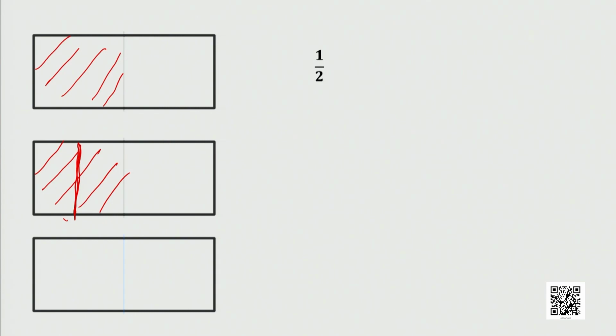Since I have divided the shaded part into two parts and I want to read it as a fraction, I have to divide the unshaded part also into two parts. Now the rectangle has been divided into four parts and two parts are shaded. So you are going to represent it by 2 over 4.